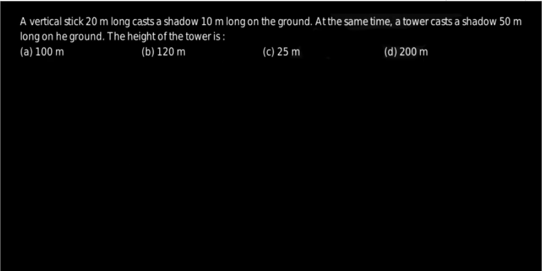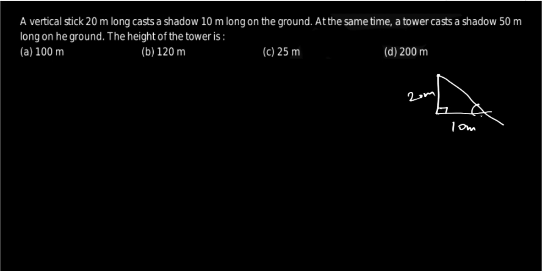Next question. A vertical stick 20 meter long casts a shadow of 10 meter long on the ground. The length of the shadow is 10 meter and the length of the stick is 20 meter, so that it will make a right angled triangle.